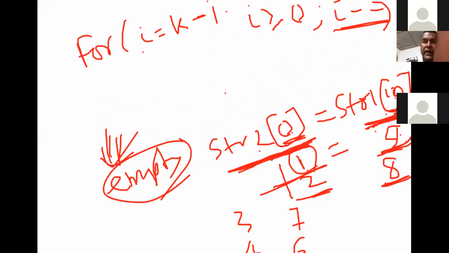Before that, I make K equal to K plus 1. The length, I make length equal to length plus 1. Before that, K equal to K plus 1.